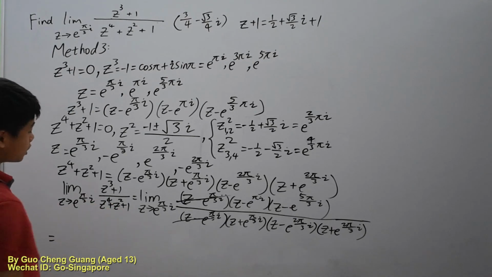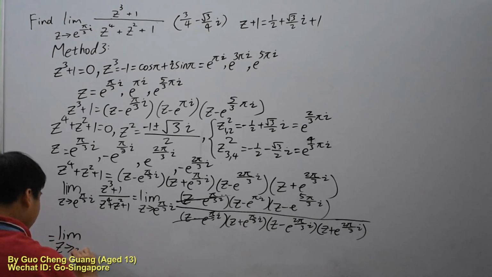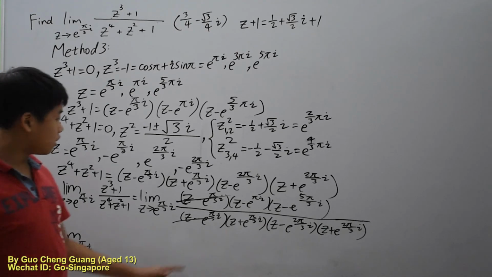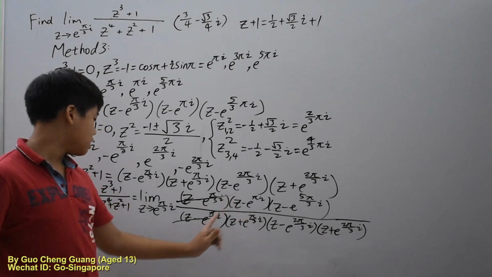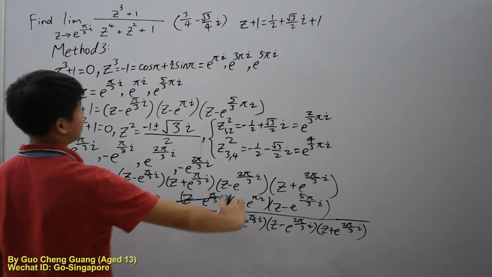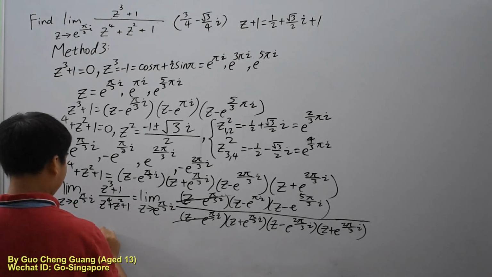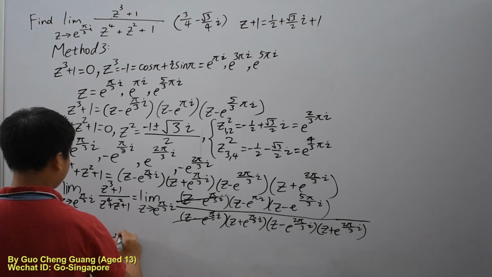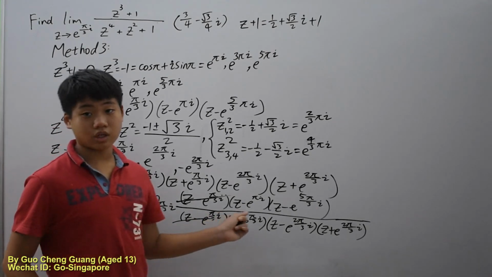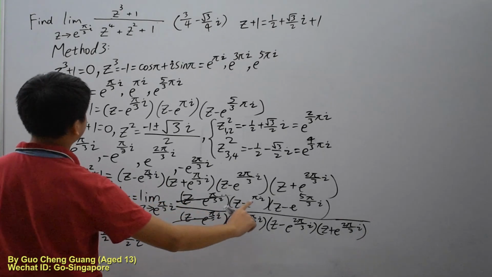And so for this part, and then from this part, z, e to the power of pi over 3i. So z here we've already calculated it before. Then you have to subtract this part, and thus, wait, this part again.